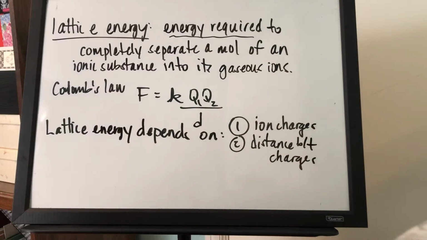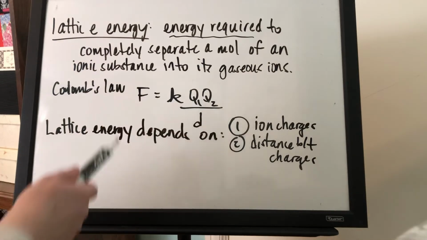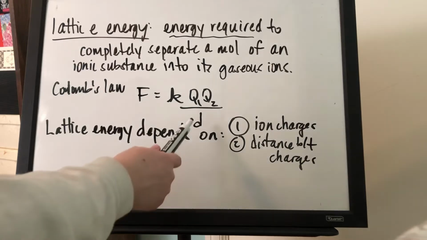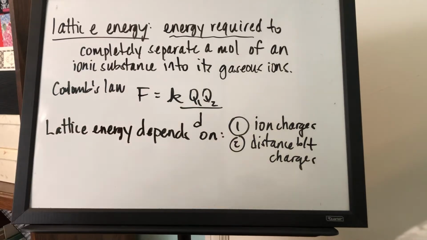The energy required to break apart an ionic substance depends upon the size of the charges that make up that substance and the distance between the charges. If you remember Coulomb's law, when Q1 and Q2 are larger, the force of attraction is higher. When the distance between them is smaller, the force of attraction is also higher. So that's how we're going to relate this to lattice energy.